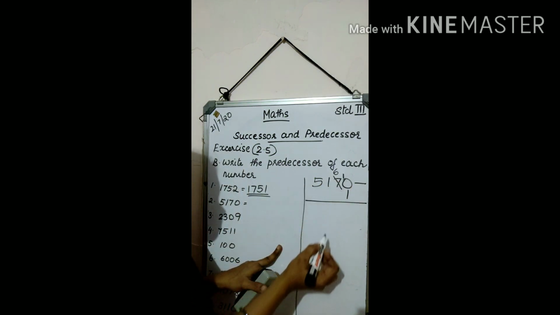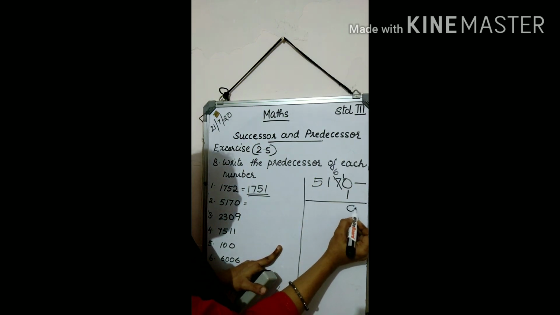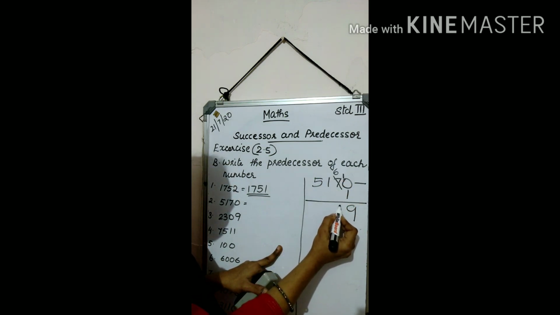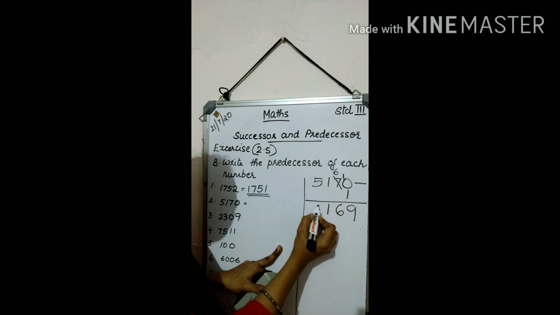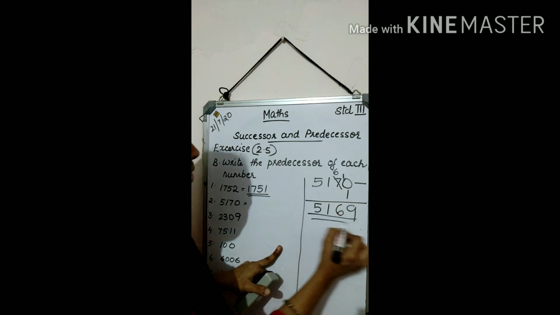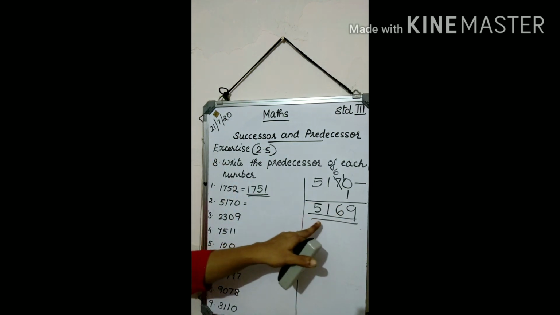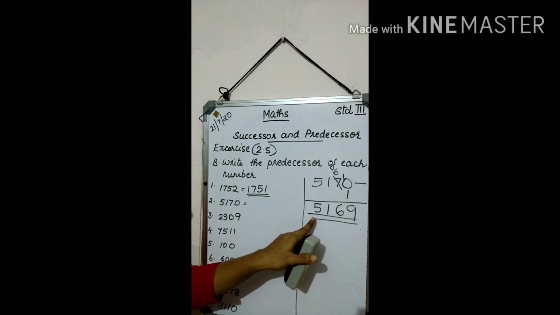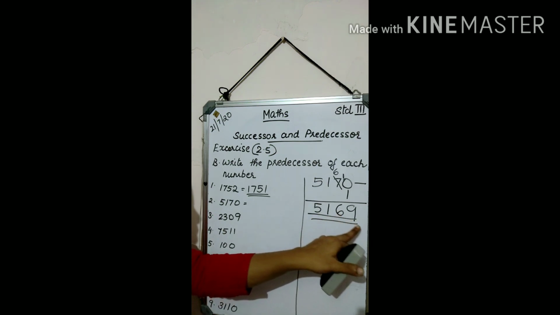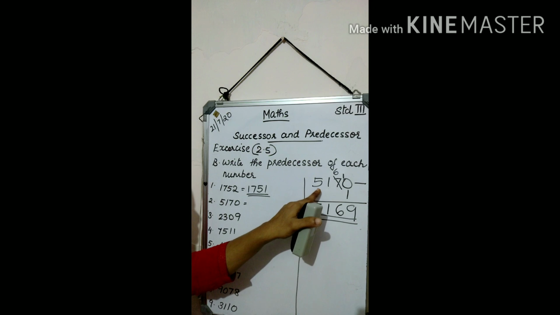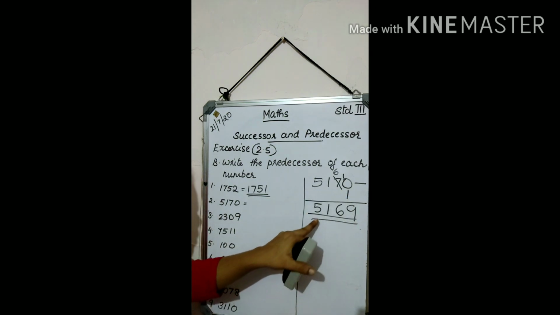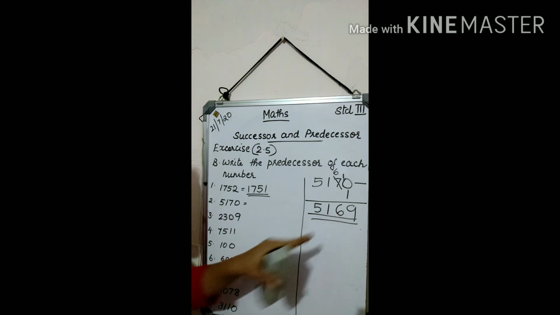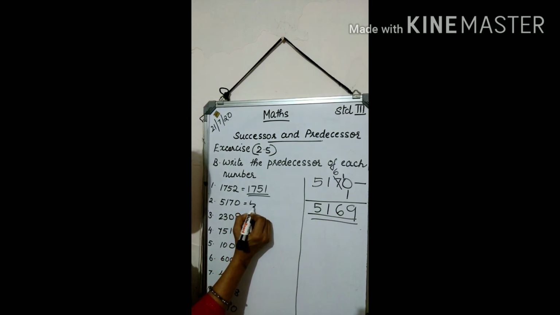So 10 minus 1 becomes 9. This 6 we write here. This 1 we write here and 5 here. So what will be the number? It becomes 5169. So the predecessor of 5170 is 5169. So you got the answer?